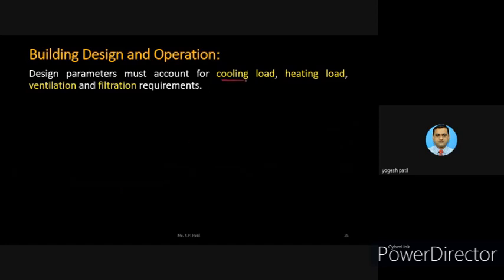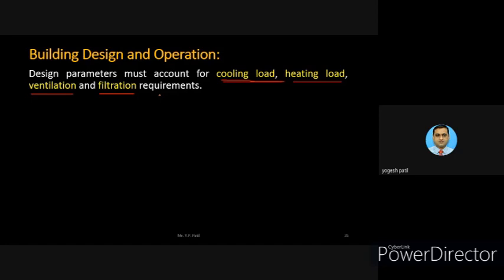So it is essential to calculate the cooling load of that section, the heating load of that section, where ventilation is required, and at what stages filtration is required. We need to think about everything before implementation, in the design phase.